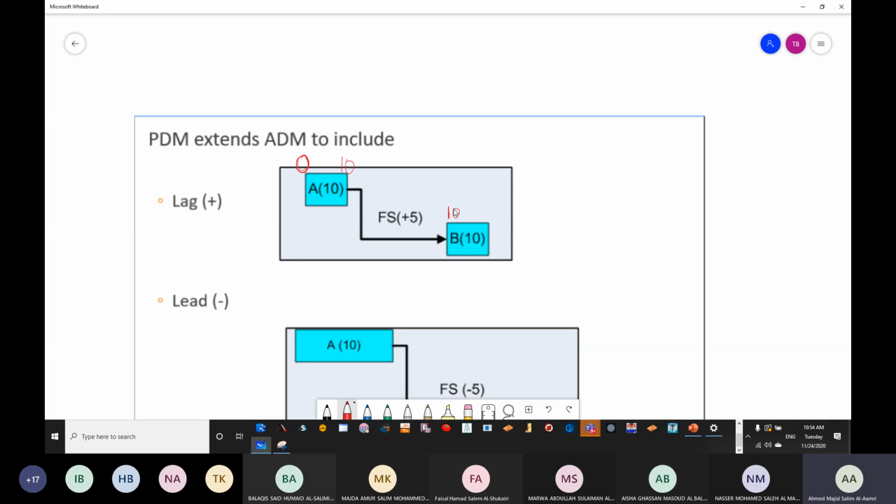If we are finishing A at 10, then B should start. Do you agree? This is what we have done in the ADM. If A is finishing at 10, then B is starting at 10. Do you agree? I'm talking about the ADM.